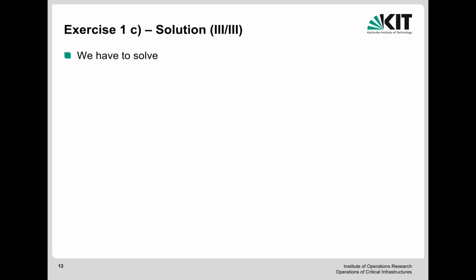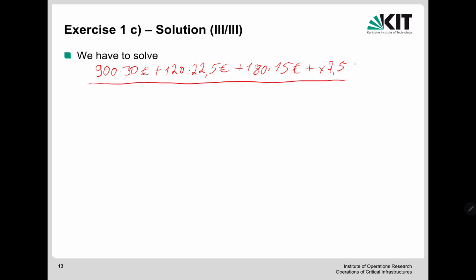And then what we have to solve is basically the same, but let me write it down again. 900 multiplied by 30 euros plus 120 cases multiplied by only 22 euros and 50 plus 180 cases will be evaluated by 15 euros, and this is what we don't know: how many patients will be treated by 7.50 euros.